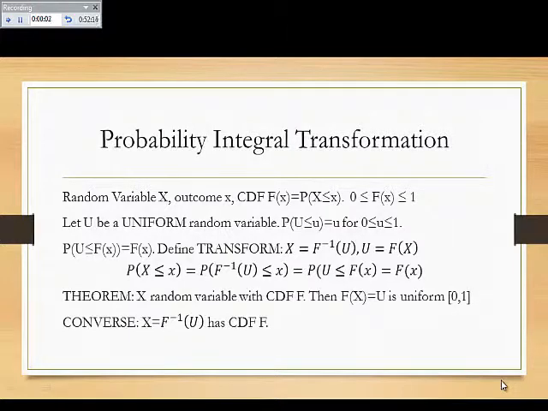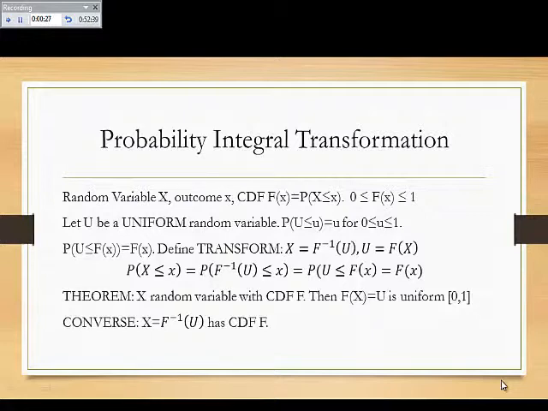So now I want to explain how you generate random variables using this characterization of the normal density. The CDF, for any random variable, is defined to be F of x, which is the probability that X is less than or equal to x, and the CDF always takes values between 0 and 1. It is a probability.